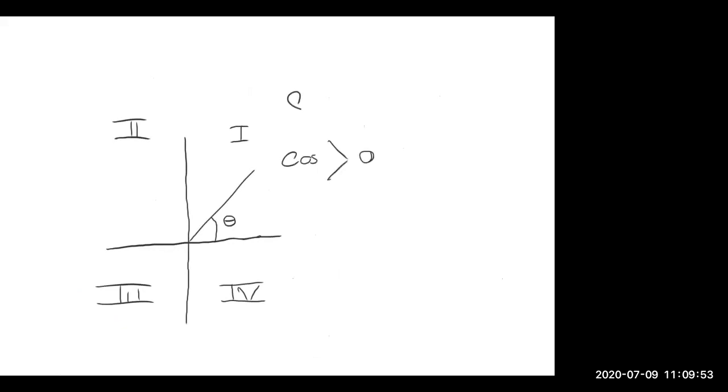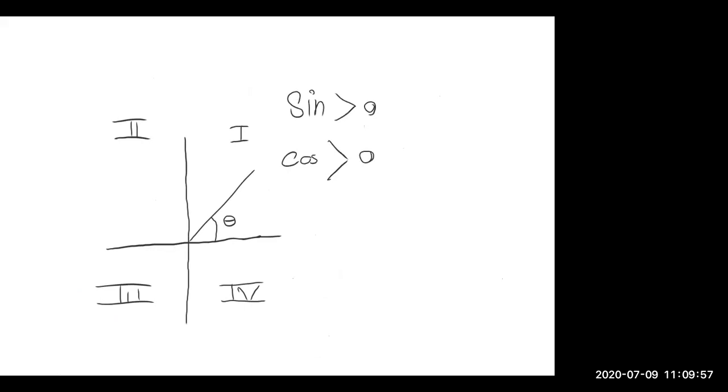We have the first quarter, the second quarter, third quarter, and fourth quarter. If you have an angle theta in the first quarter, cosine would be positive. Sine also would be positive.